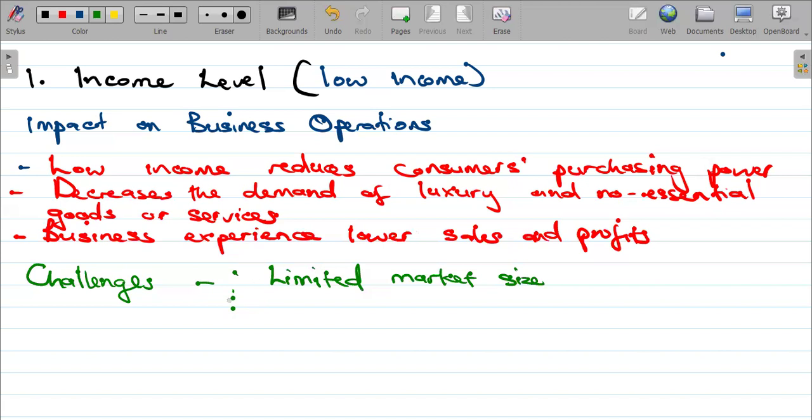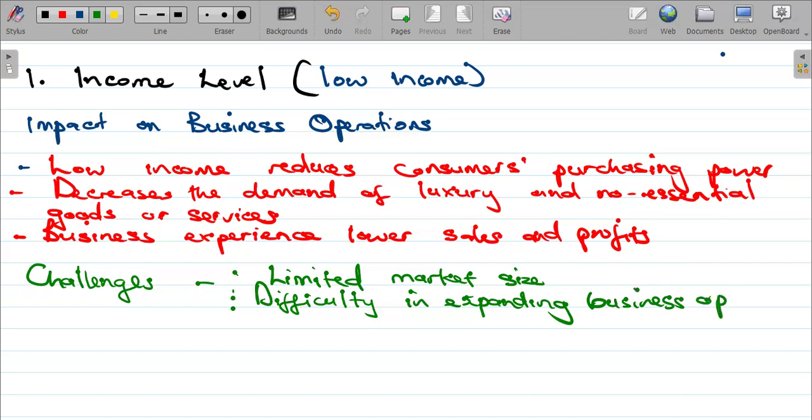It will also be difficult for the business to expand its operations, since the business is suffering from low sales and low profits.